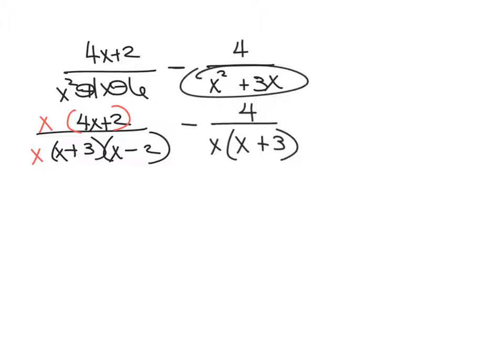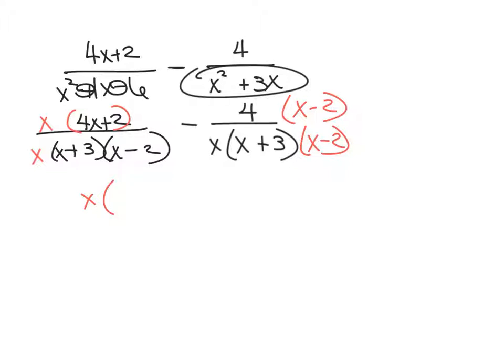Now I have an x plus 3 and an x minus 2. He's happy. He's got everything this guy has. But when this guy looks over here, he's like, wait a minute, I don't have an x minus 2. So I'm going to put an x minus 2 on top and bottom. Now they're both happy.